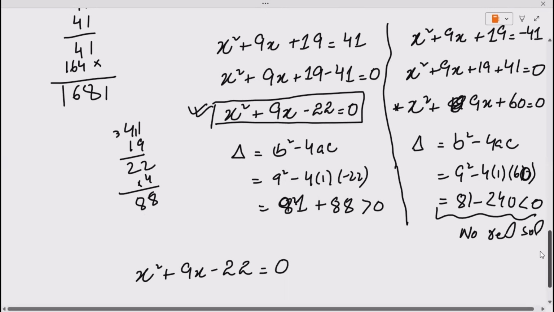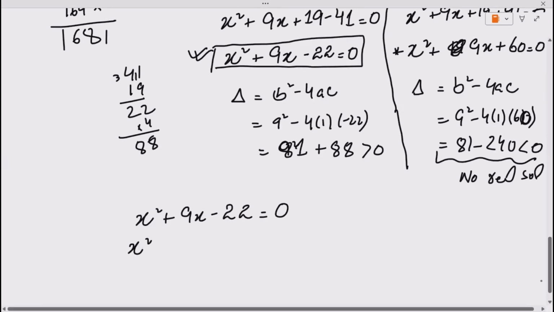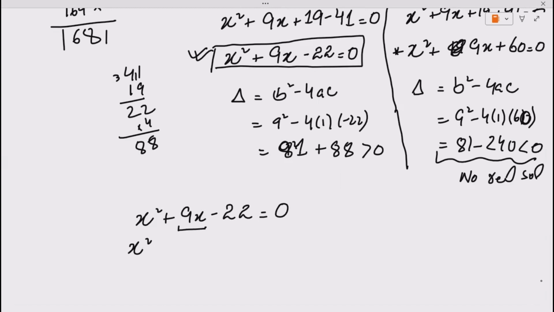So what we can do, we can easily factorize it. We have to take two numbers instead of 9x: when we add them we get 9x, and when we multiply we get minus 22x squared. So x squared plus 11x minus 2x minus 22.